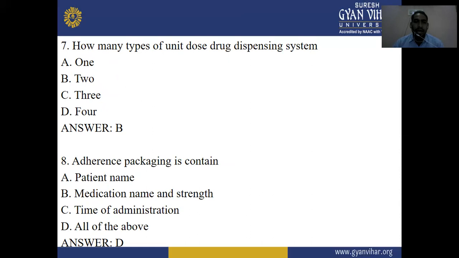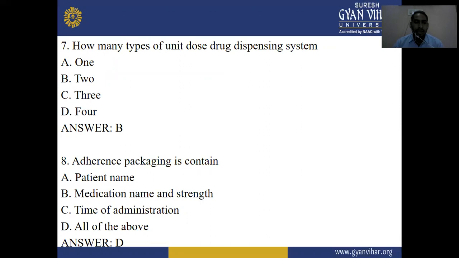Next question: how many types of unit dose drug dispensing system? Option A is 1, option B is 2, option C is 3, option D is 4. The right answer is 2. Two types of unit dose drug dispensing system.